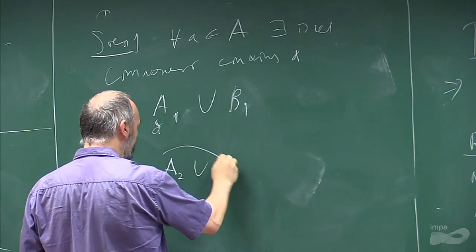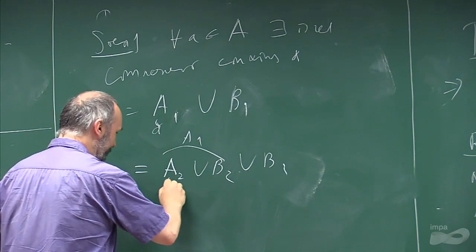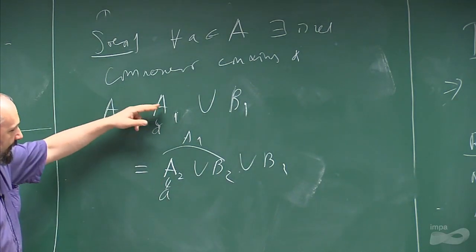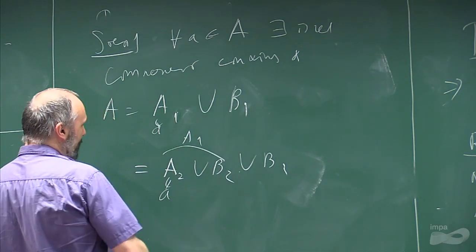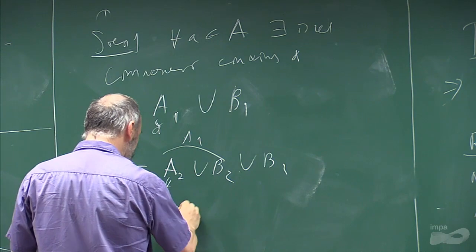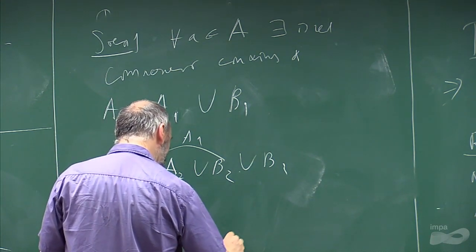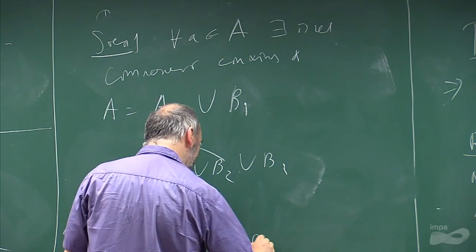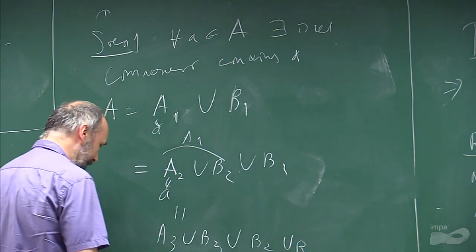This is A1, union with B2, and a is in A2, because this is also reducible. And then this, by assumption, is also reducible. So this is the same as A3 union with B3, union with B2, union with B1, and so on.